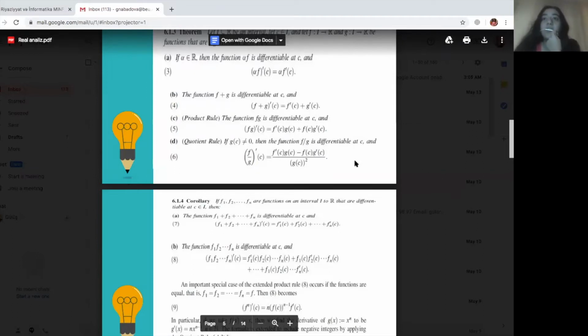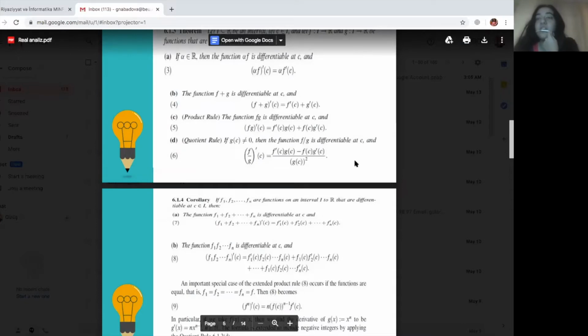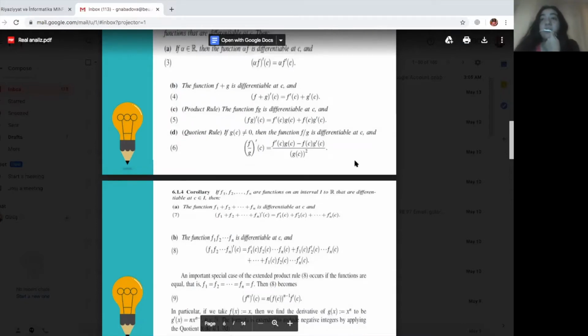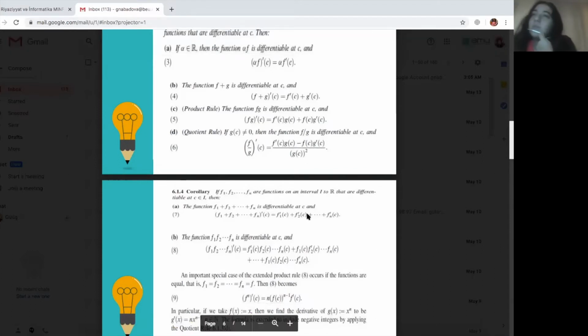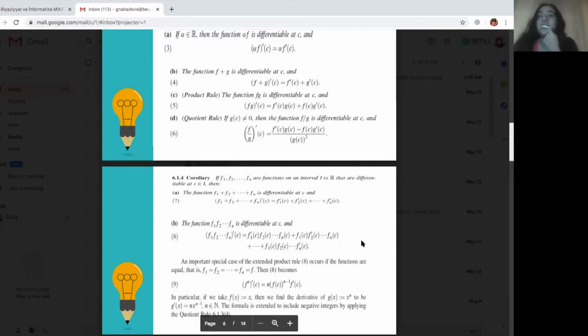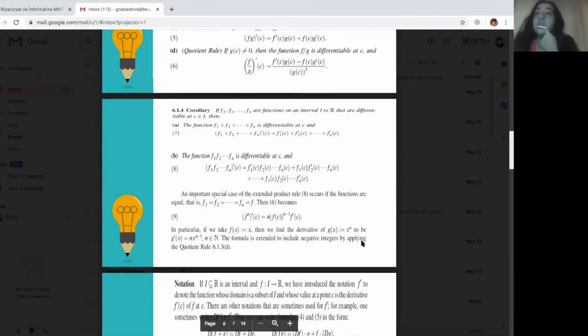Then we have a product and quotient rule. Product rule: the function fg is differentiable at c, and (fg)'(c) equals f'(c)g(c) plus f(c)g'(c). Then the quotient rule: if g(c) is not equal to 0, then the function f divided by g is differentiable at c.